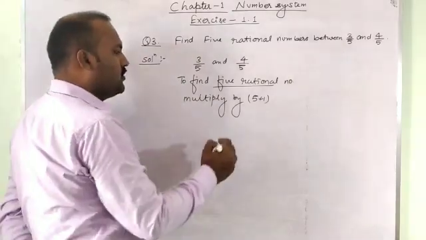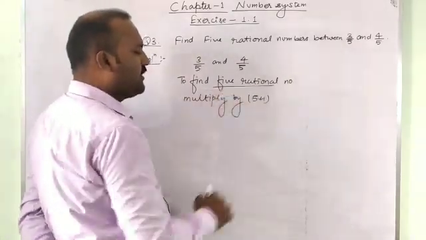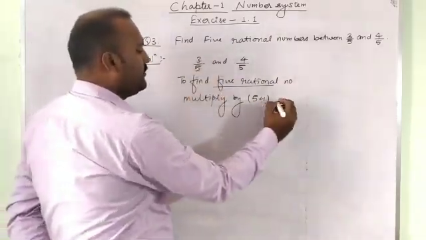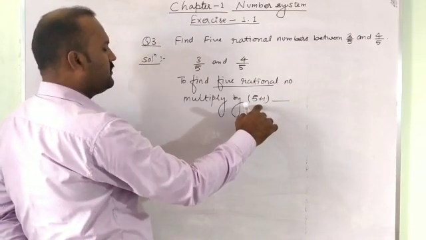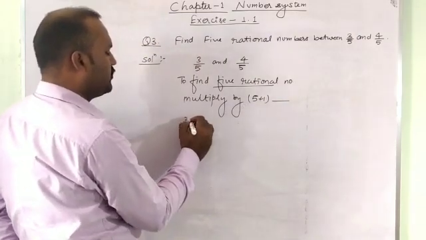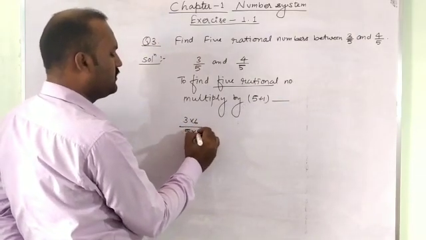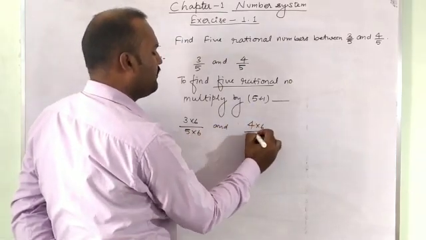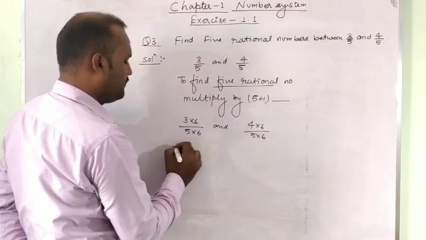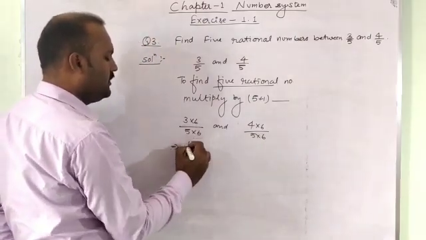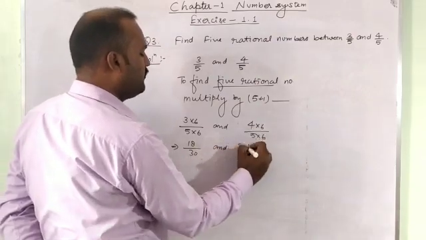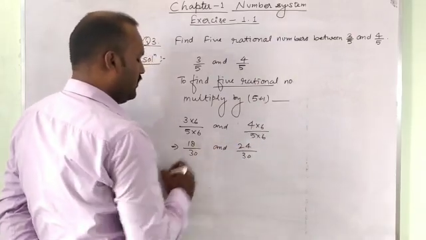So we have to insert 5 rational numbers, then we multiply by 5 plus 1 in numerator and denominator. It means 3 into 6 upon 5 into 6, and 4 into 6 upon 5 into 6. 3 sixes are 18, 5 sixes are 30, and 4 sixes are 24 upon 30.